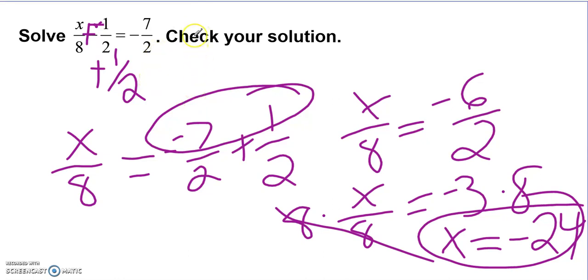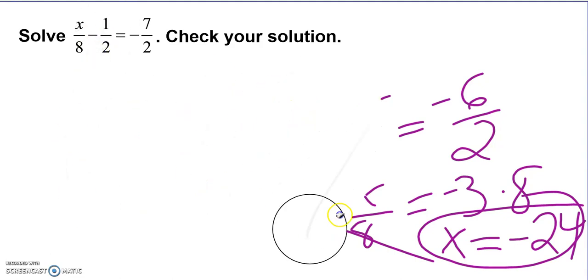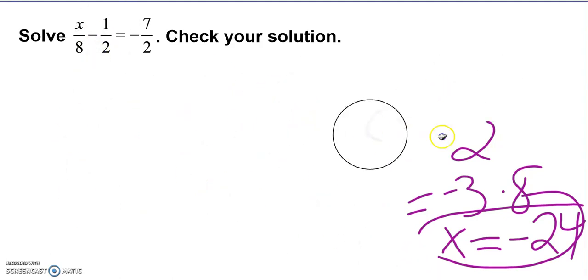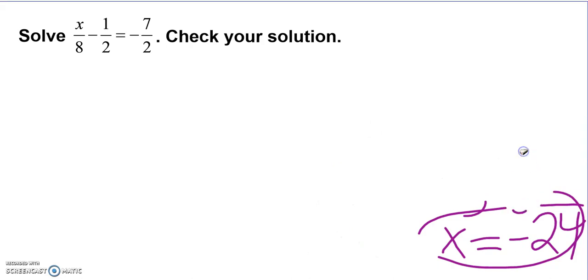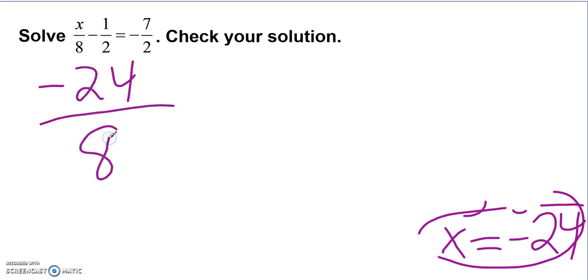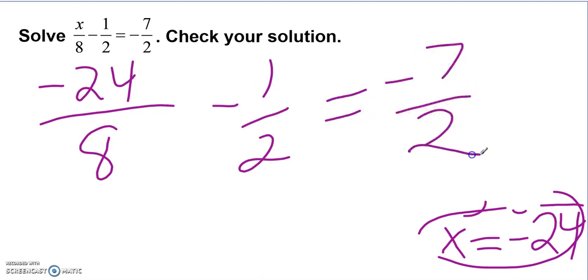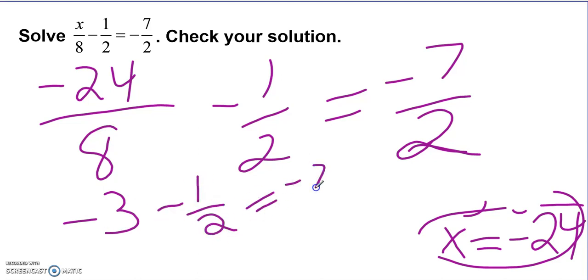Oh, and it also says to check our solution, so let's do that real quick. I'm going to erase everything. Okay, so negative 24 divided by 8 minus 1/2 is going to give us negative 7/2 if we did it right. So hopefully we did it right. That's negative 3 minus 1/2 equals negative 7/2.